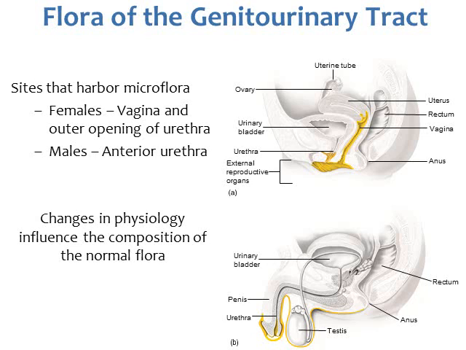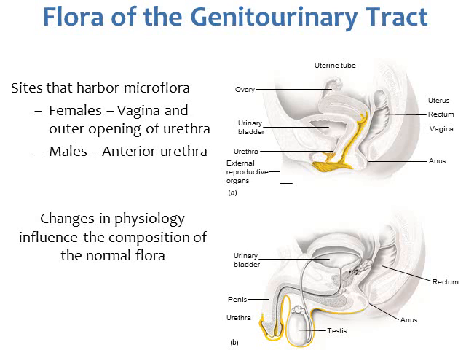And then besides our gastrointestinal tract, we have our genitourinary tract. So this includes the reproductive structures and also the urinary tract structures. So different sites can harbor microflora. So in females, you'll find bacteria and yeast in the vagina or the outer openings of the urethra.